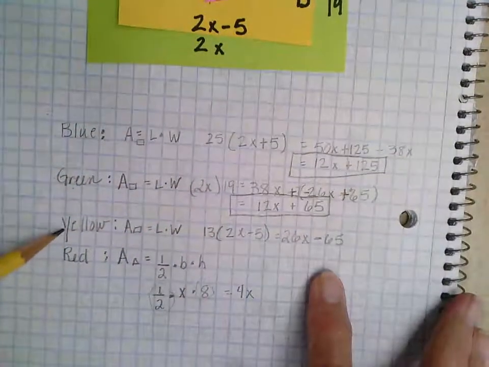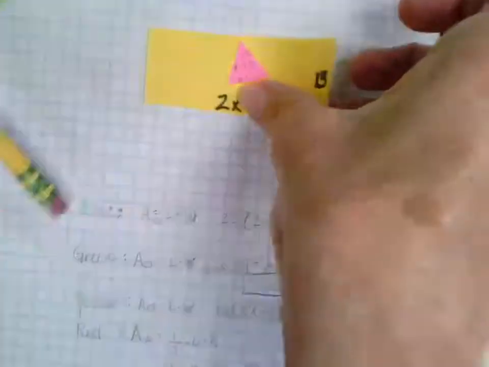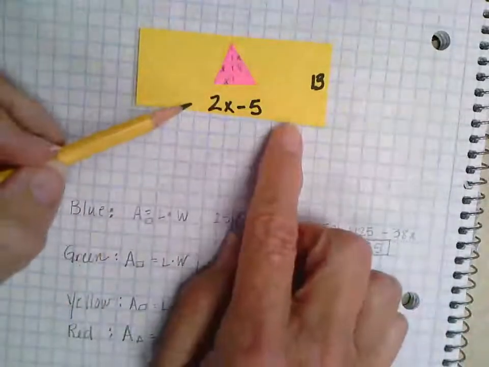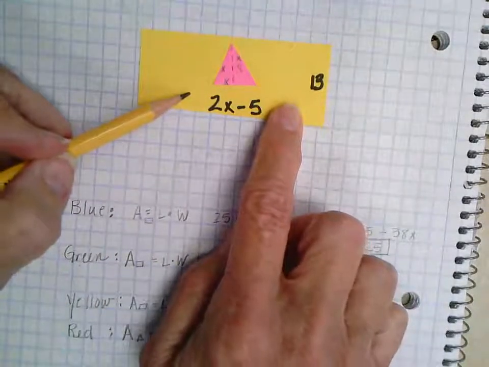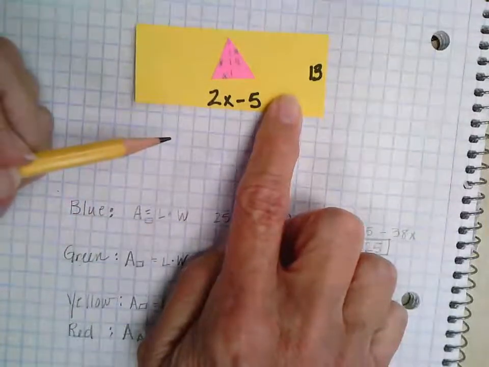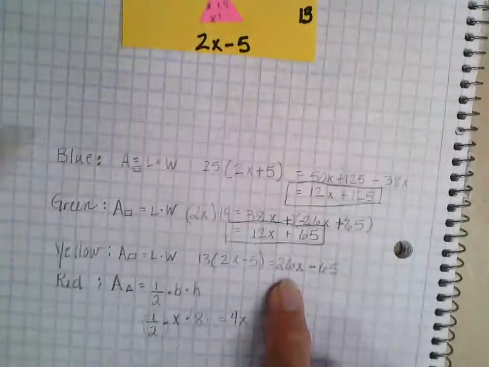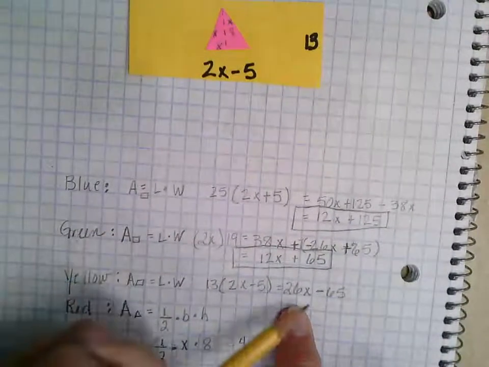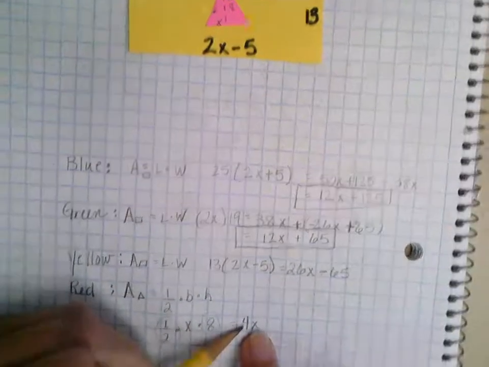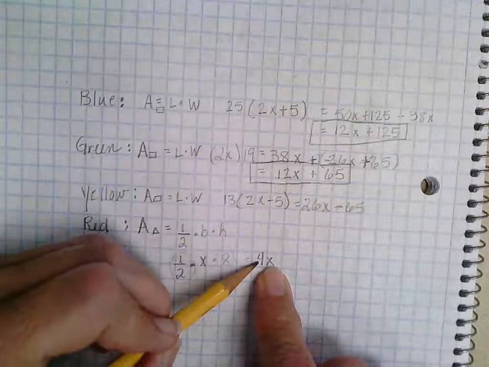So that's actually the area that I have for my green. Now for my yellow, I'm going to take away my green. I'm just going to look at my yellow. The area that's going to end up being just yellow is everything, but I have to subtract out the little bit that's going to be the triangle. So I have 26x minus 65, and from that I have to subtract out my triangle, and my triangle is 4x.